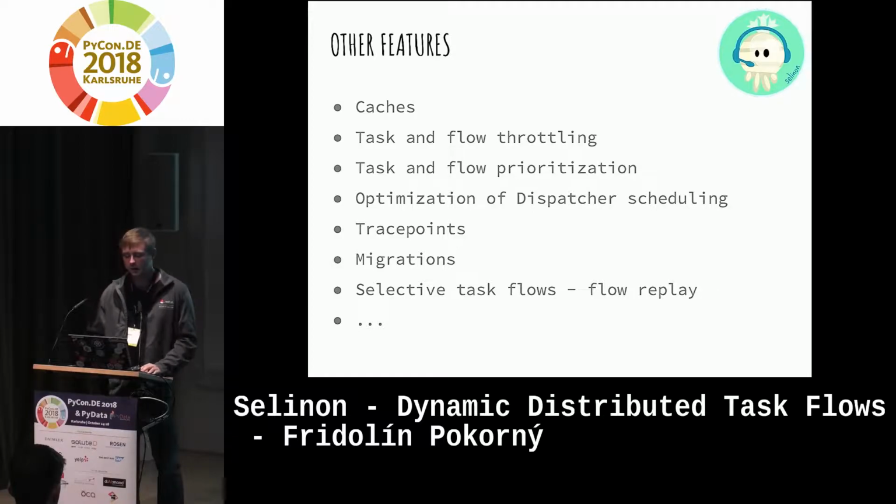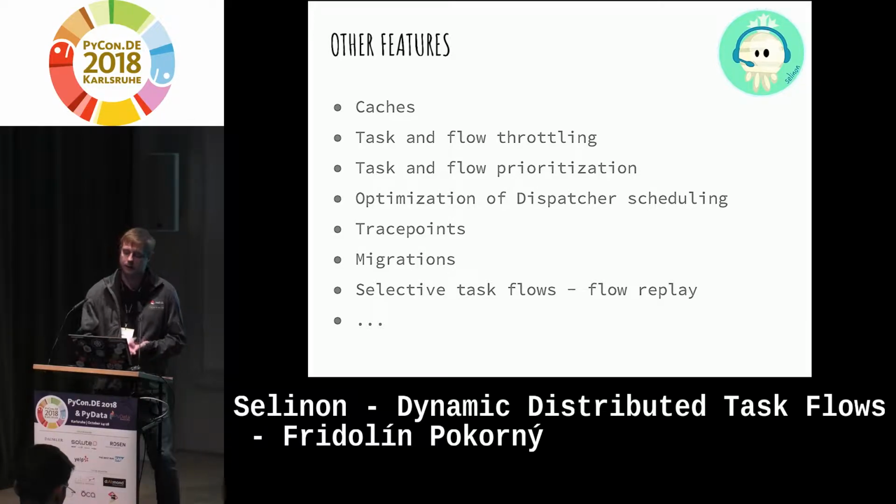Then Selinon comes with trace points, and these trace points are events in the cluster that you might be interested in. For example, a task has started, a task has failed, a task has finished, a new flow has been started, also the ID of that flow, and stuff like that.